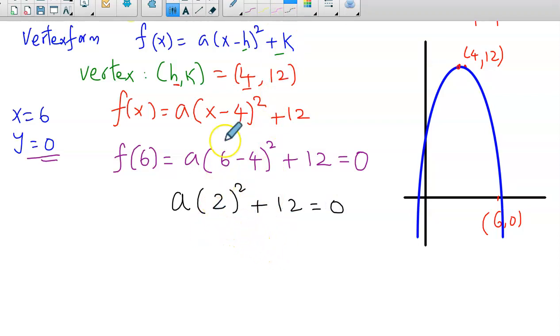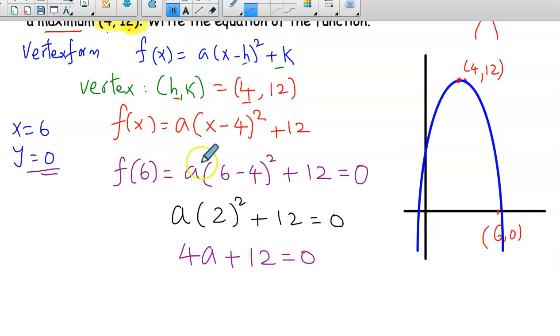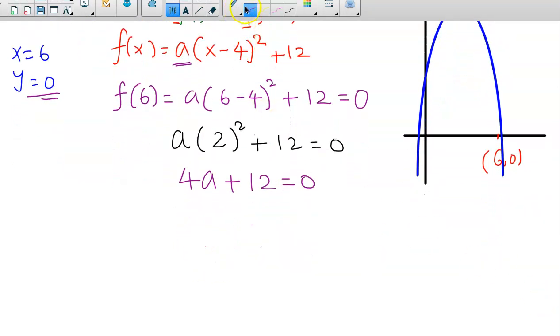So let me write both steps without skipping anything. 2 squared is 4. 4 times a is 4a, plus 12 is equal to 0. Now, this a is the only thing missing, so we need to find the value of a.